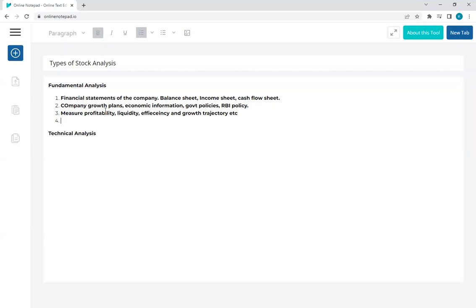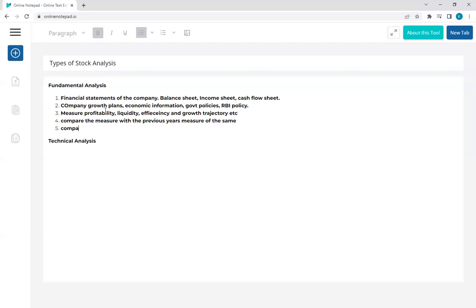Once he has all the analysis done on the company's performance, he will compare the measures with the previous year's measures of the same company. He will check what performance the company gave last year and compare it with the current year's performance, and see whether it is growing or coming down.